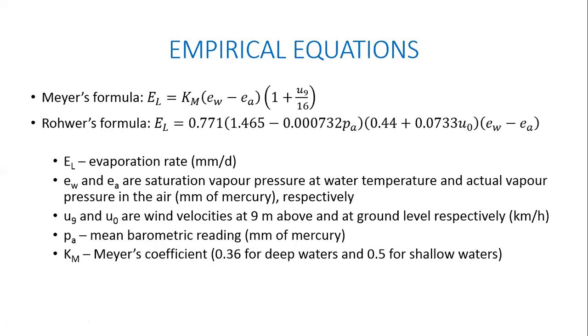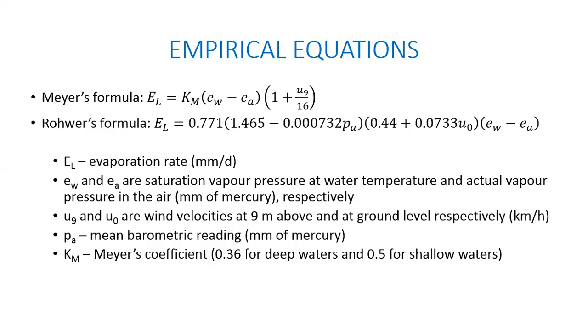Evaporation, typically you use these kinds of empirical equations. The previous method that I mentioned was having a pan directly at different locations and measuring the actual loss of water from the pan. That tells you the estimate of evaporation. This is an empirical equation where you measure other parameters and try to estimate how much evaporation must have happened using this kind of an empirical equation.